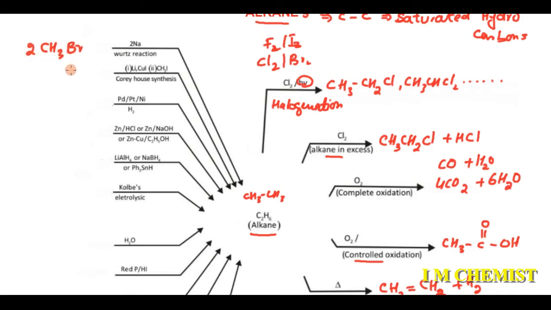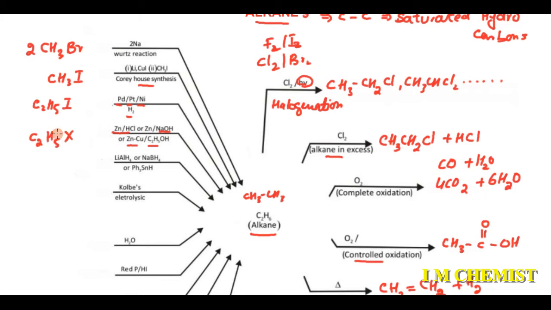two molecules of methyl bromide, and in the presence of lithium cuprous iodide and methyl iodide, this reaction is known as Corey-House synthesis, and it would produce methyl iodide. And in the presence of zinc in acidic medium HCl and sodium hydroxide, which is a basic medium, or zinc copper in the presence of alcohol, that is ethyl alcohol, alkanes would be converted into alkyl halides, C2H5X.